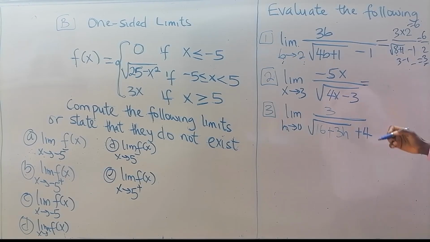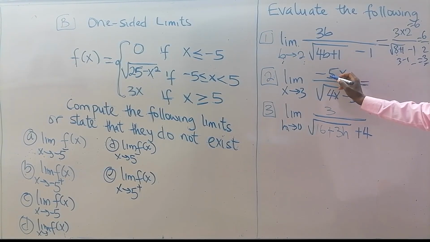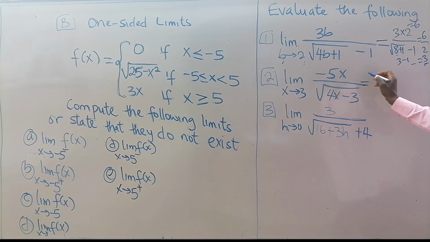The second part, do the same thing also. So this will be minus 3 times minus 5 times 3, that's minus 15, all over 4 times 3, that's 12. 12 minus 3, that's the square root of 9. So we have minus 15 all over 3, and that's minus 5.